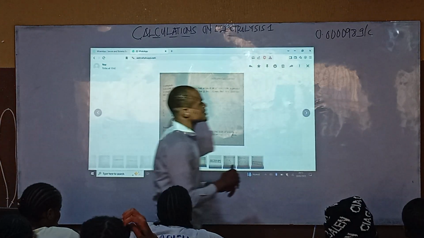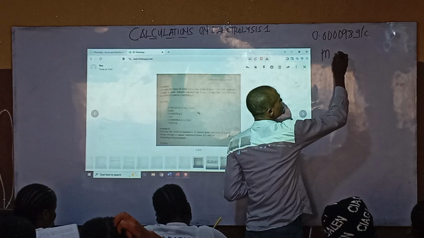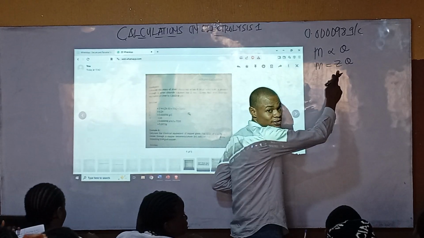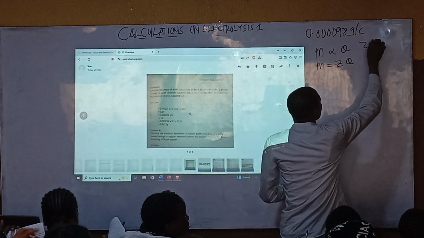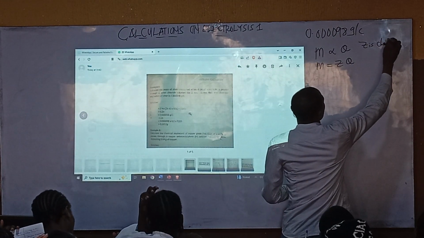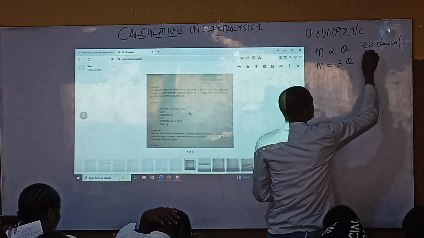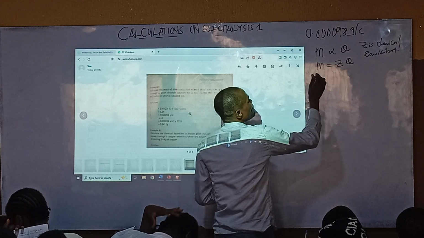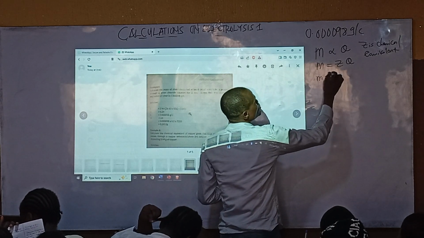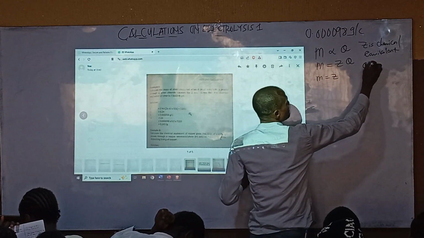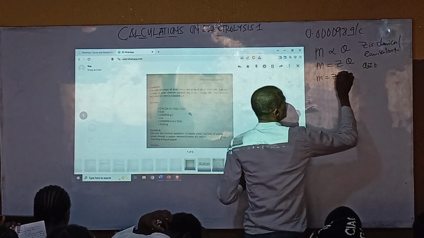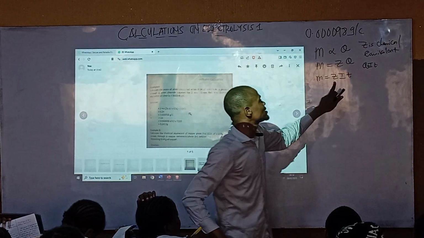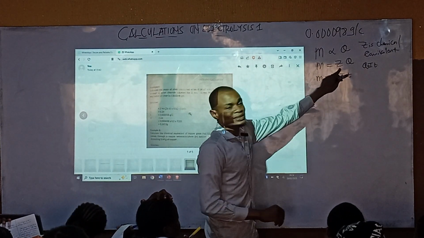From the first law of electrolysis we said yesterday, mass is directly proportional to what? The quantity of electricity. Z is the chemical equivalent. So M equals Z I t, where Q is I t. Now, what are the units?